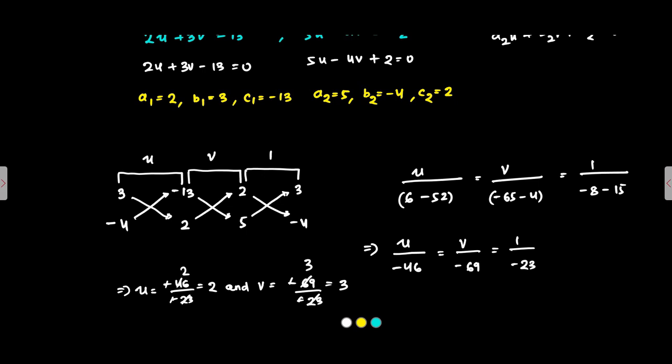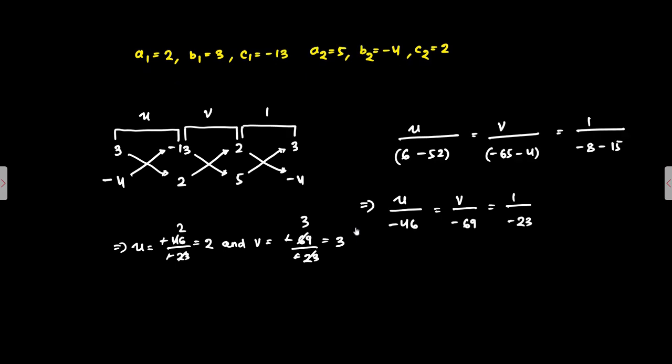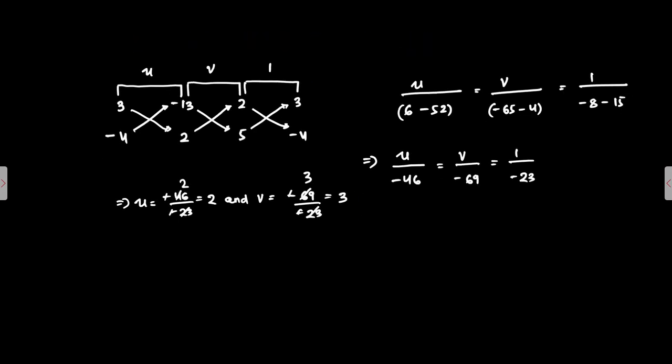Now we have to find the values of x and y. So u is equal to 1 by x, v is equal to 1 by y, so x is equal to 1 by u and y is equal to 1 by v.